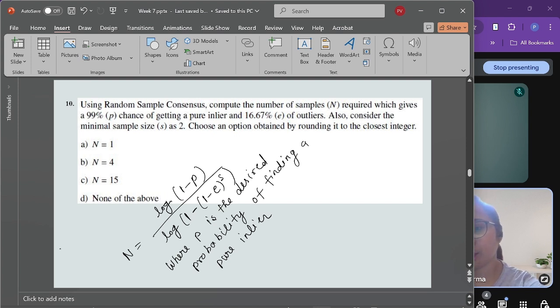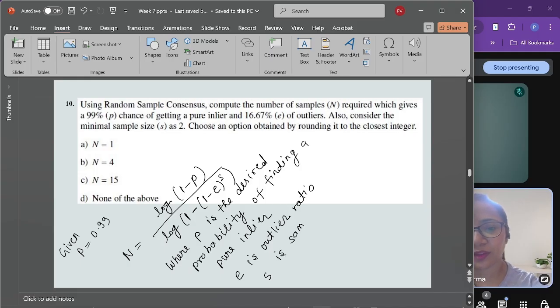So here p is given, I'm just writing that probability, that becomes 0.99, right? And E is the outlier ratio, and S is the minimum sample size. So here E is given as 0.1667. S is given as 2 here.